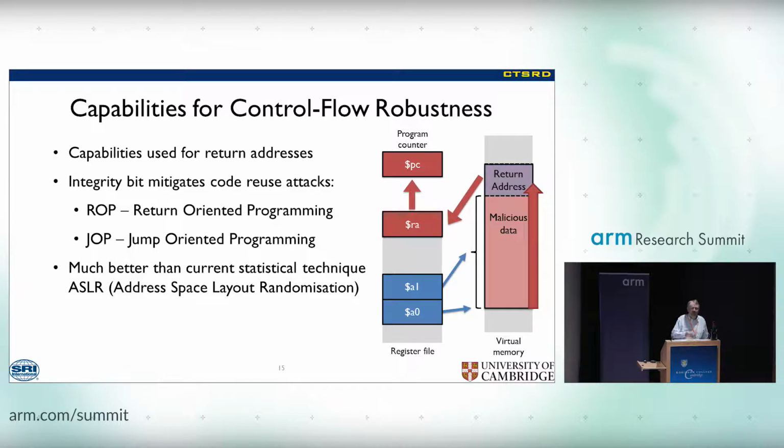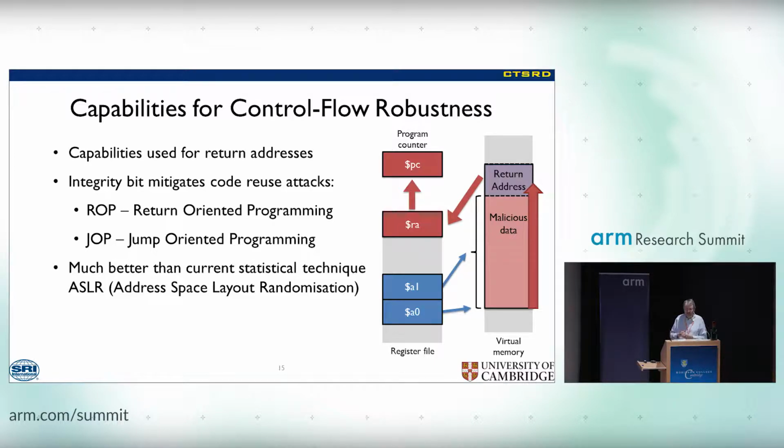I was looking, for instance, on Ubuntu Linux recently, and Ubuntu Linux compiles all the standard tools with address space layout randomization. And the idea with this is that they sort of manipulate where the linker places code in order to make it more difficult for the attacker to stitch together little bits of code to do something malicious. But it's a very statistical technique, and in fact there are ways around it. It just takes a bit longer.